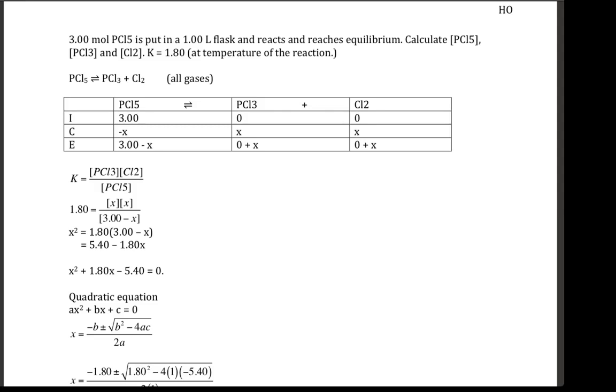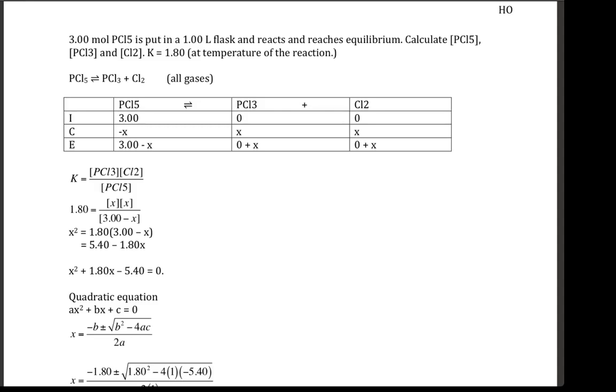Here's a new problem. 3.00 moles of PCl5 is put into a 1 liter flask and reacts and reaches equilibrium. Calculate the PCl5 concentration, the PCl3 concentration, and the Cl2 concentration at equilibrium, given that K is 1.80 at whatever temperature we're working at.